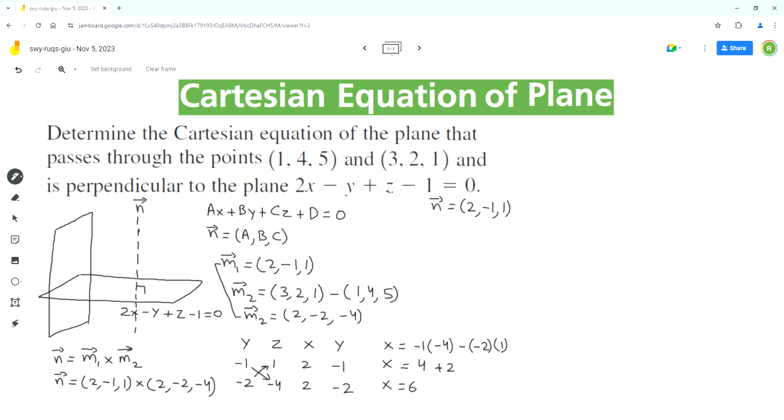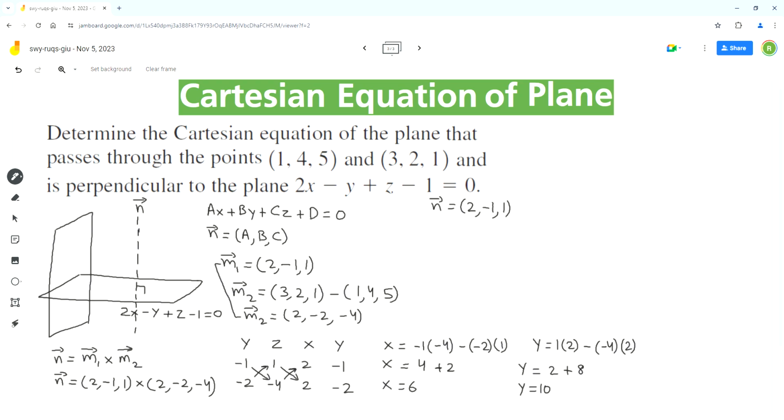Now we can find the y component, and we should cross multiply the z and x components. We start with 1 times 2 minus -4 times 2. I get y equals 10.